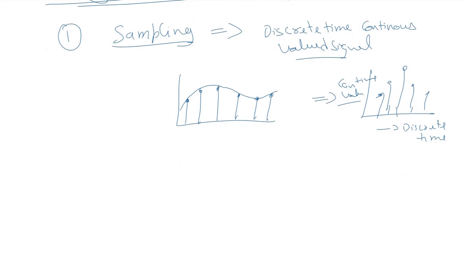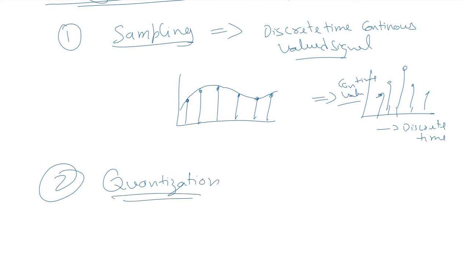The second step after sampling is quantization. Quantization means rounding off to a finite number of values. Here you can see that there are an infinite number of amplitude levels. If we look at the sampled signal, there are an infinite number of sampled values.